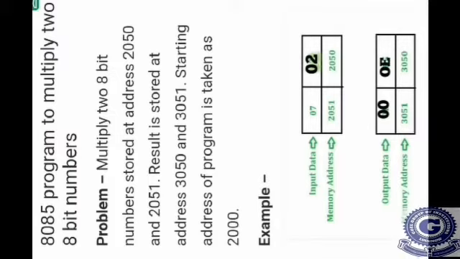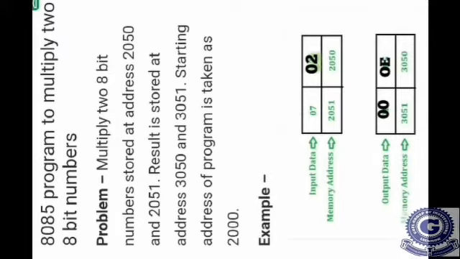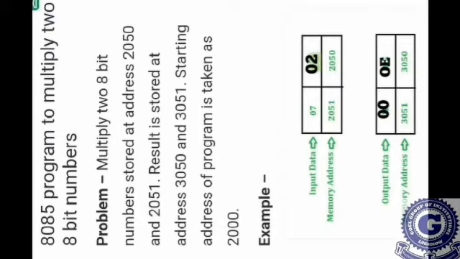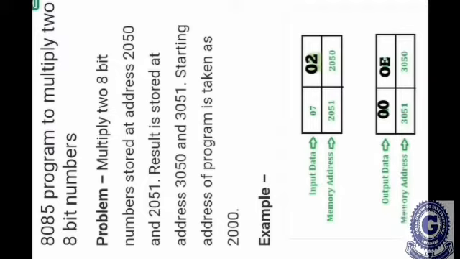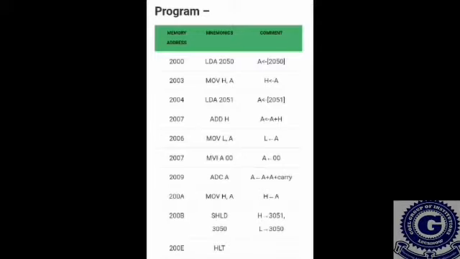For this, we will take two memory locations 2050 and 2051 for input. When we multiply two 8-bit numbers, we will get a hexadecimal number as the result. So for this also, we will take two memory locations 3050 and 3051, where the result will be stored. We will start this program from the 2000 memory location.